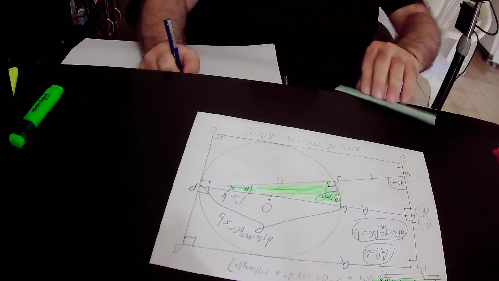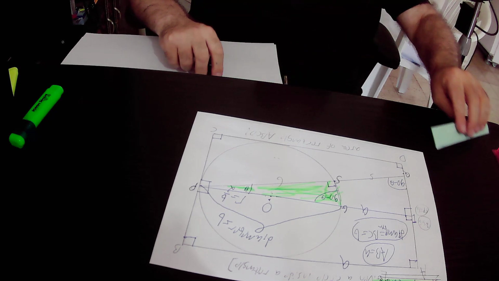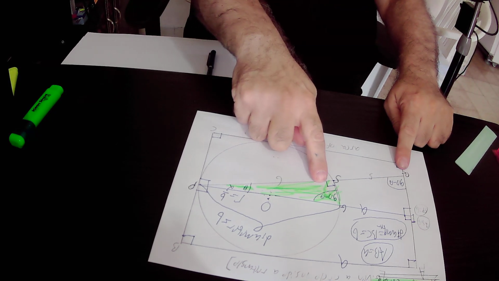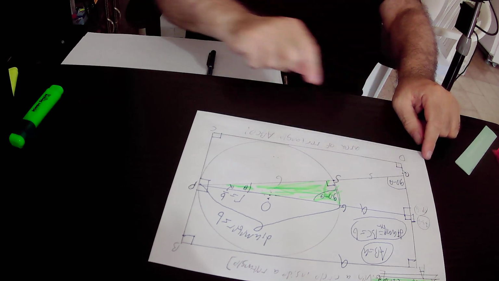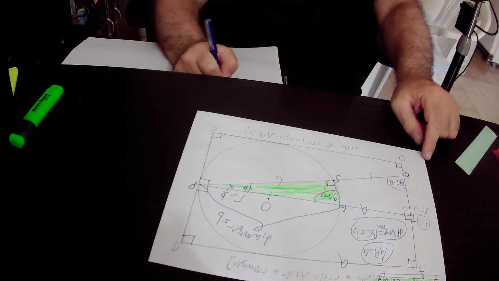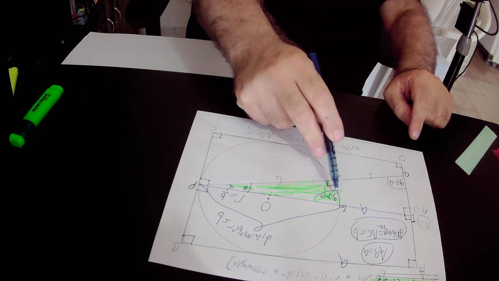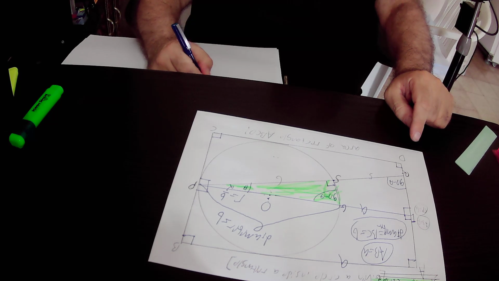First of all, those two angles are both equal to 90 degrees minus theta, therefore they are equal to each other. Angle TQP is equal to angle SGP.